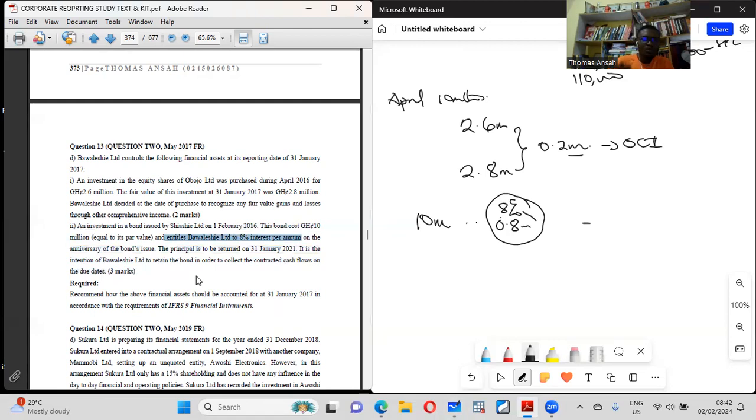So that is what he's supposed to be receiving per annum. All right. So the principal, and they said that it is the intention to retain. But here it says that 8% per annum on the anniversary of the bond. So it means that every year on the anniversary, that is what he will be taking.